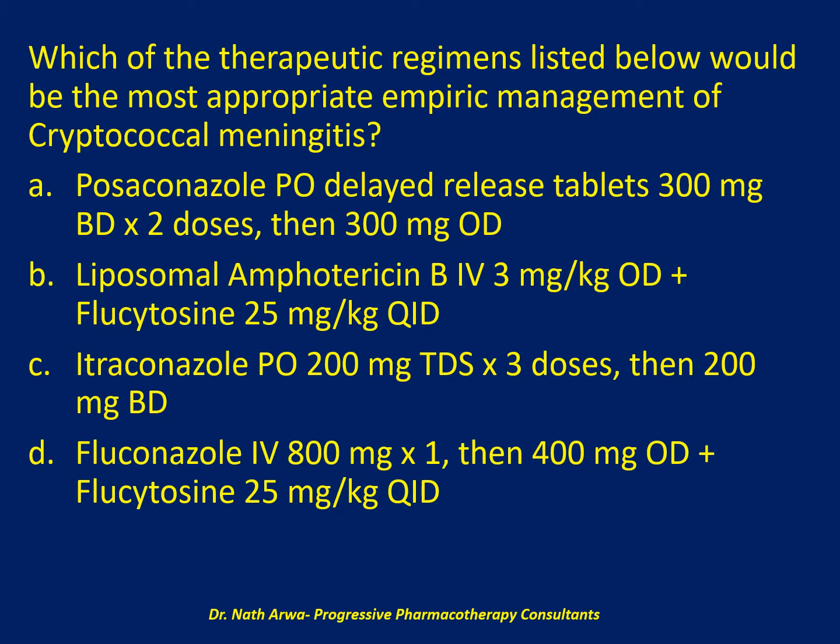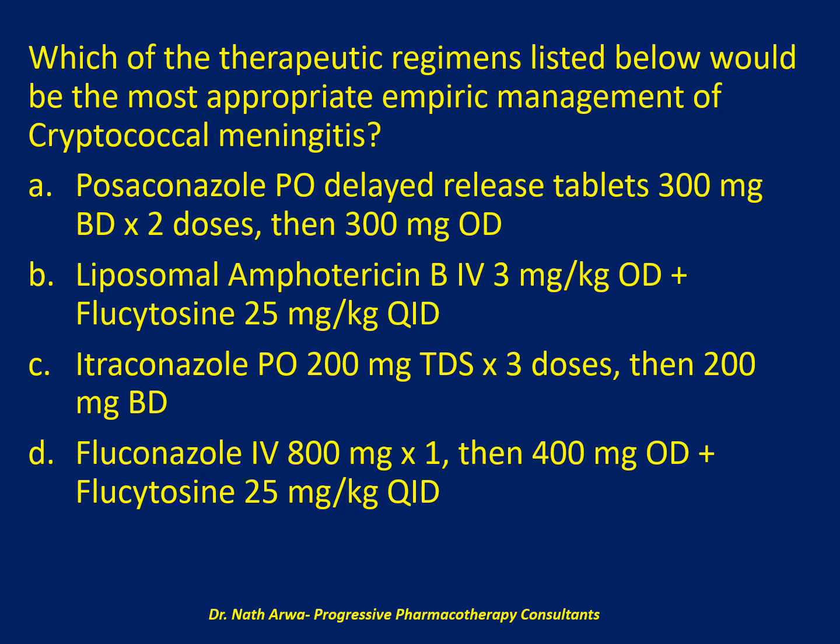So the question is, which of the therapeutic regimens listed below would be the most appropriate empiric management of cryptococcal meningitis in this case? Would it be posaconazole delayed release tablets administered orally 300 milligrams twice daily for 2 doses followed by 300 once a day?